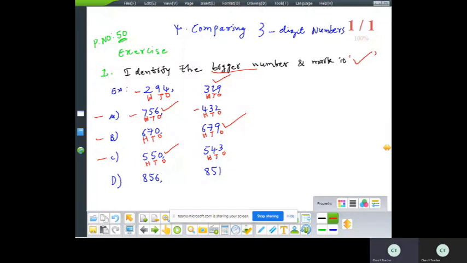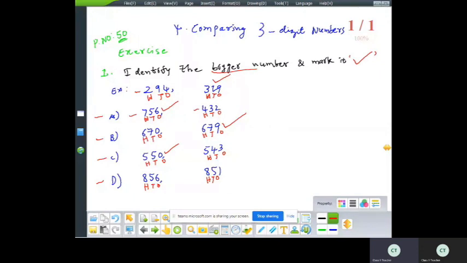Now D, the final problem: 856 and 851. Again we look at the place values: ones, tens, hundreds. First comparing hundreds, the digit in the hundreds place is 8 and 8, both the same.